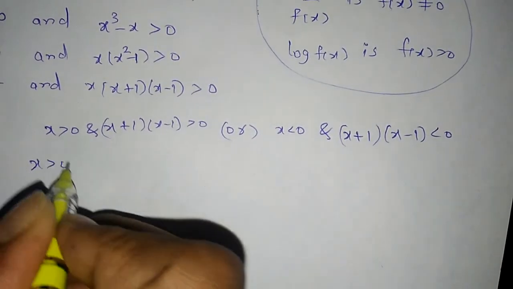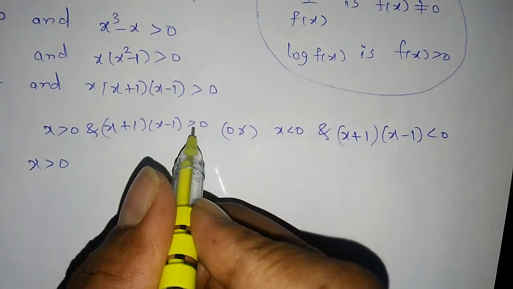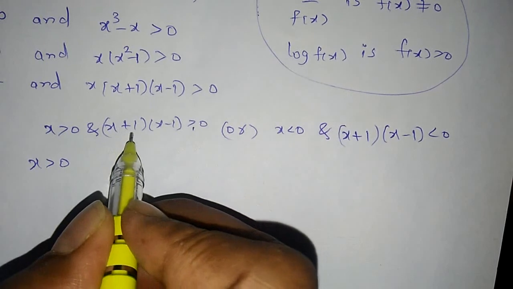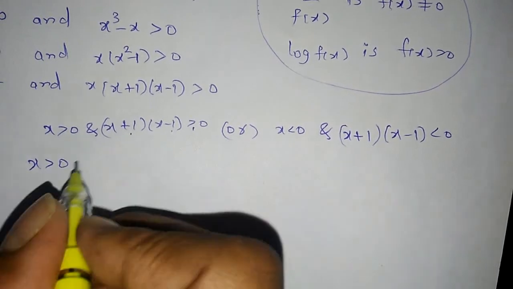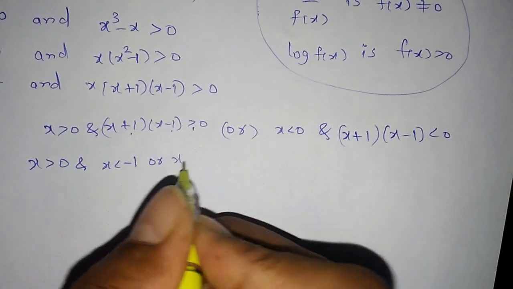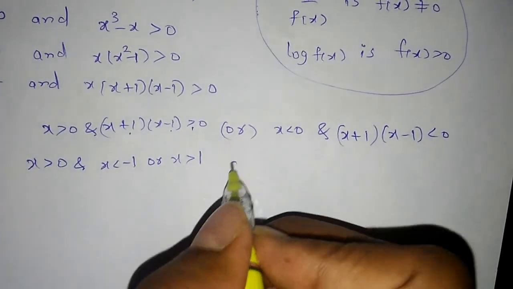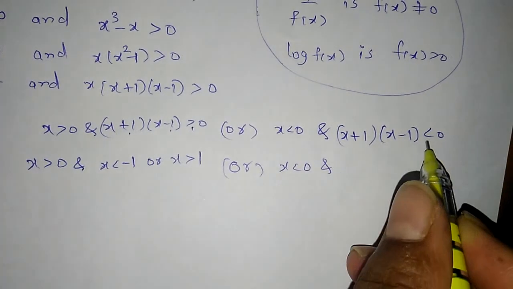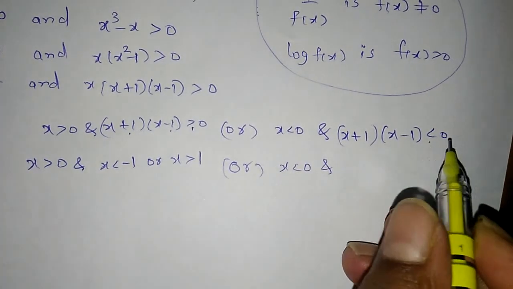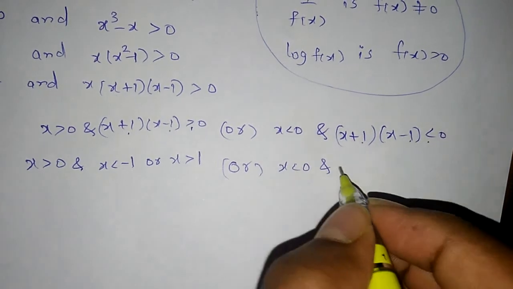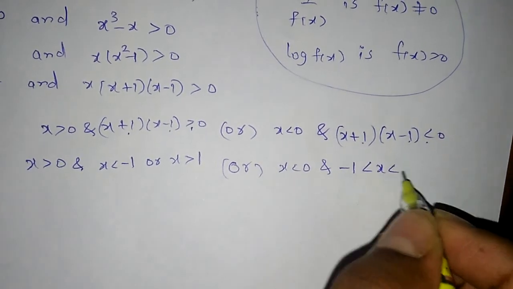So x greater than 0, here greater than 0 is there, so x values lie outside the roots. Here our roots will be minus 1 and plus 1. So that is x less than minus 1 or x greater than 1. Or here x less than 0 and here less than 0 is there, so x values lie between the roots. So roots are minus 1 and 1. This is minus 1 less than x less than 1.